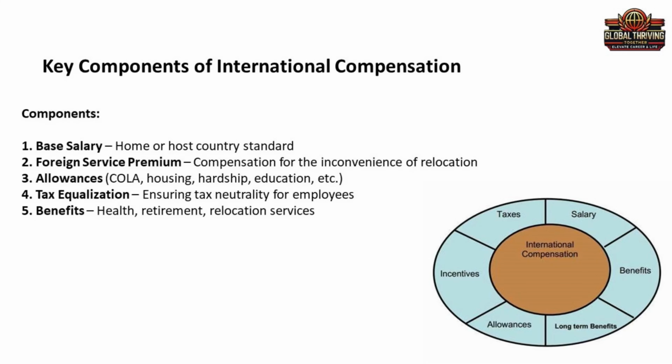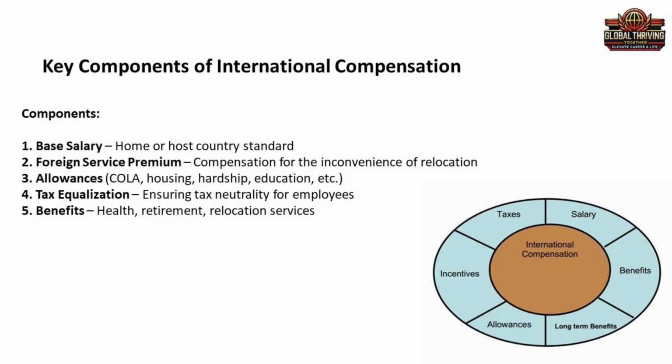Before diving into the approaches, let's look at the core components of an international compensation package. Base salary. This is typically based on either the home or the host country salary structure. Foreign service premium, a bonus paid for the inconvenience of relocating internationally. Allowances.